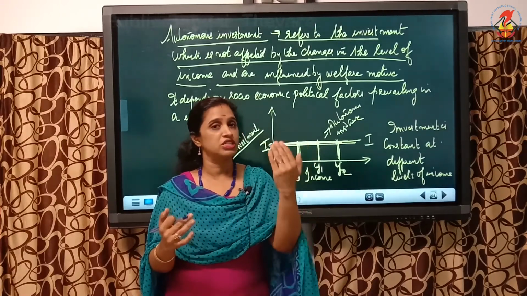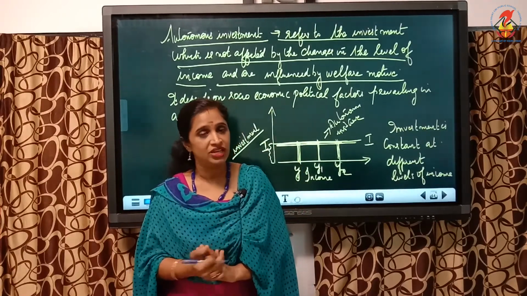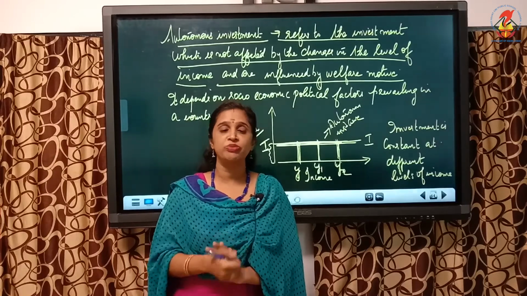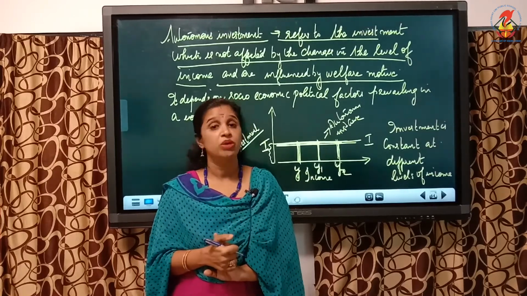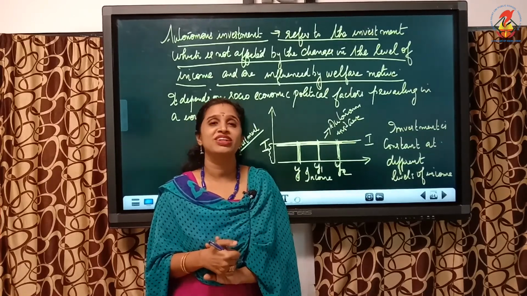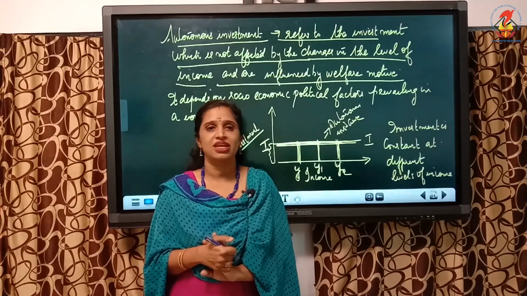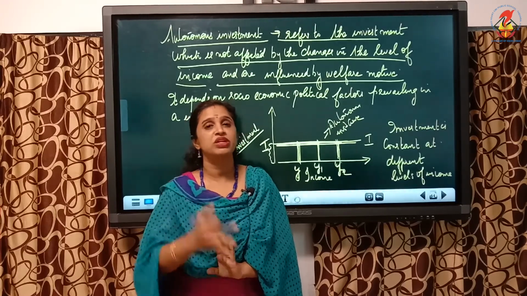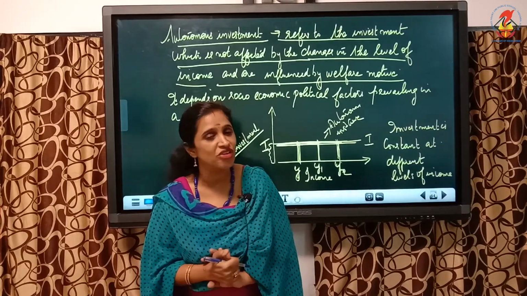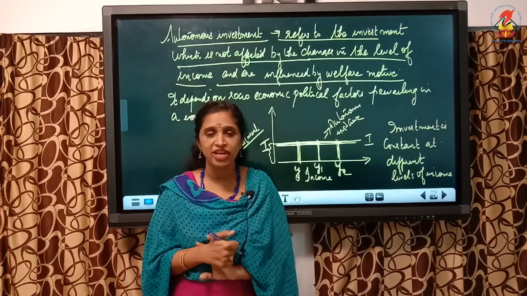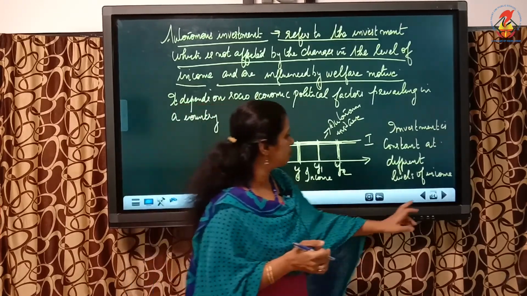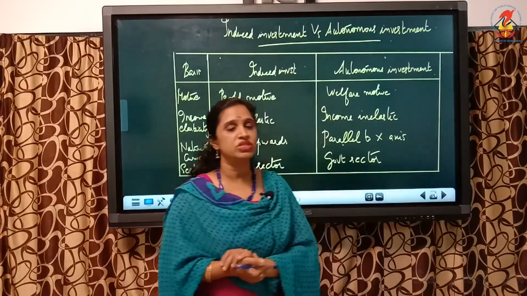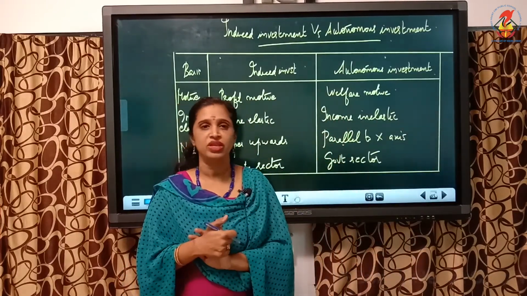The induced investment curve is a positively sloped curve indicating the direct relationship between investment and income, whereas the autonomous investment curve is parallel to the x-axis, which means investment remains the same at different levels of income because it is welfare motive. So these are the basic differences between induced investment and autonomous investment.